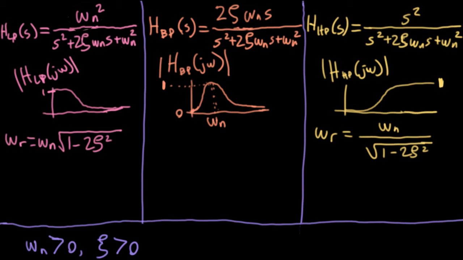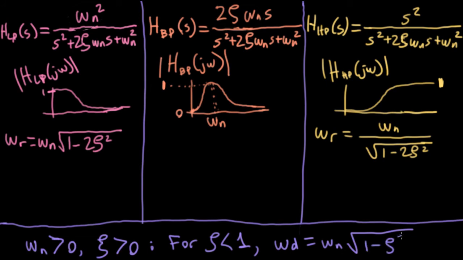And this is particularly interesting because if you'll recall, for zeta less than 1, namely that underdamped case, the damped frequency was at omega n times the square root of 1 minus zeta squared, which looks very similar. The notable difference is there's a factor of 2 sitting here.